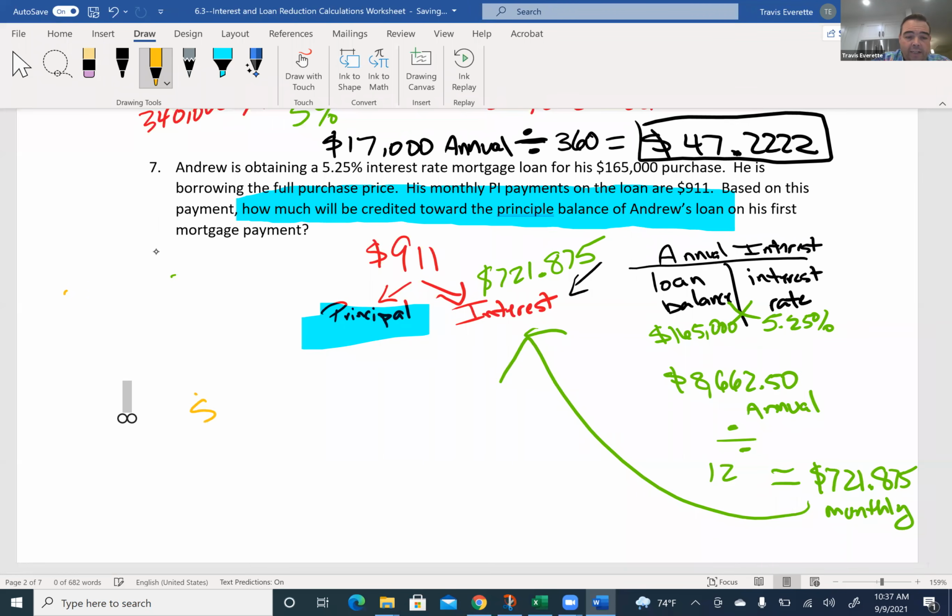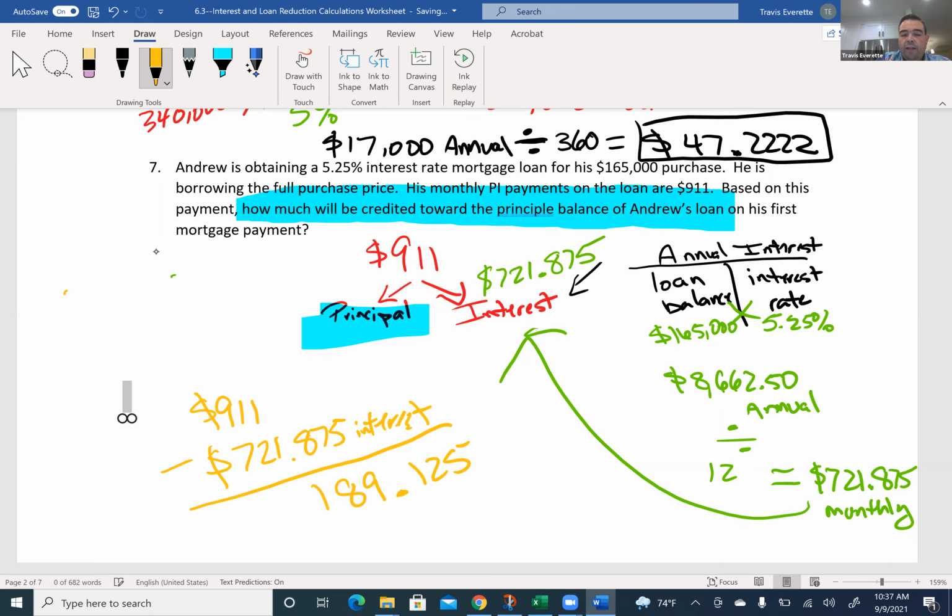I can take that total payment of $911 and I can subtract out the $721.875 that's going toward interest. And when I do that, I'm left with $189.125. And that's the amount that's going toward principal. That's the amount they asked me for.